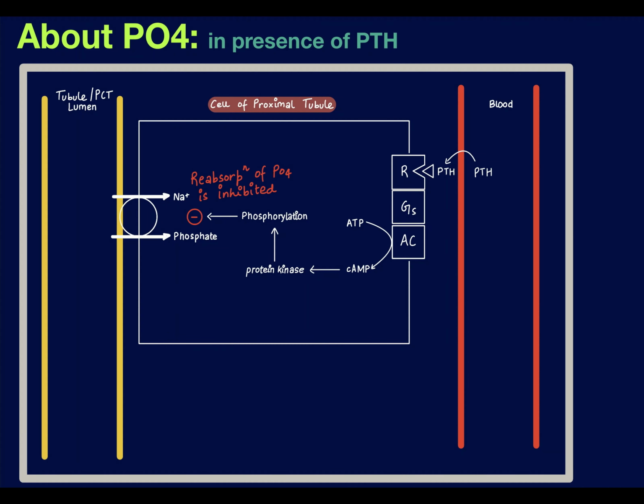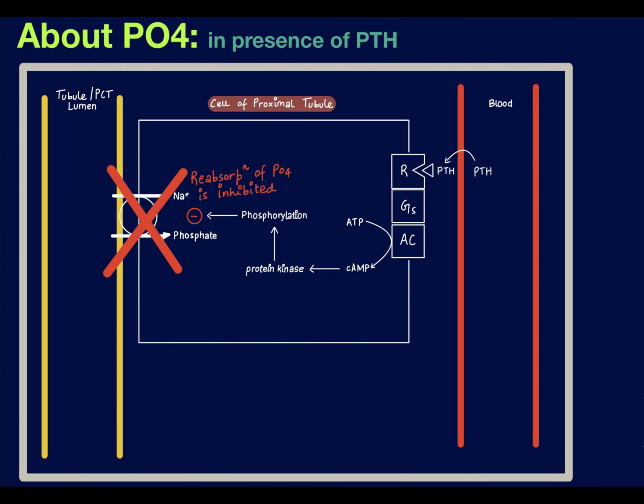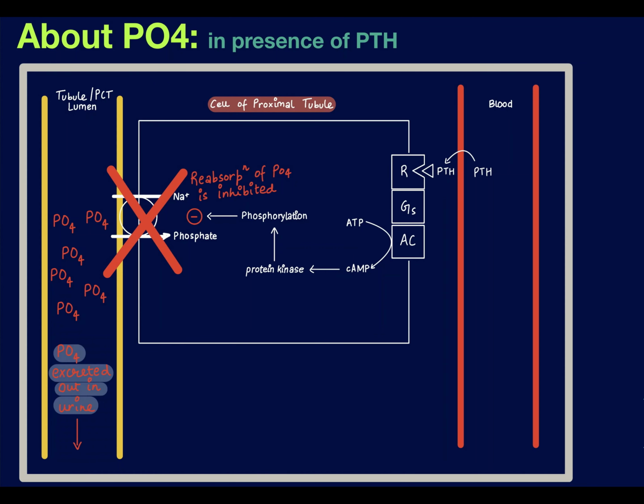Phosphorylation of these transporters leads to their inhibition. If these transporters are inhibited, then phosphate reabsorption is also inhibited, along with inhibition of sodium reabsorption. Thus, phosphate is excreted out in the urine, leading to phosphaturia.